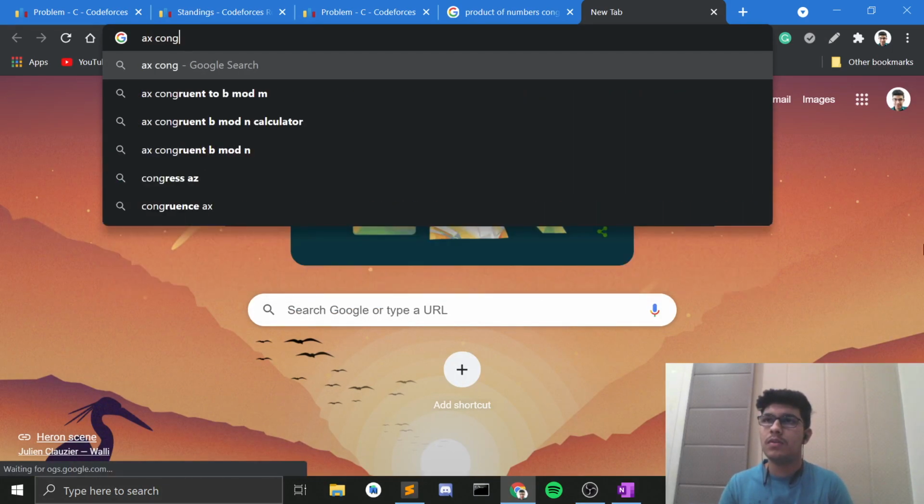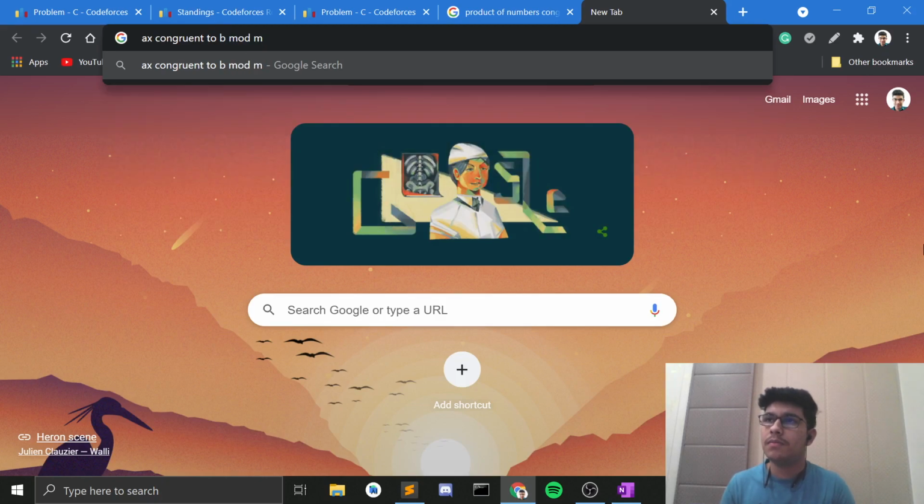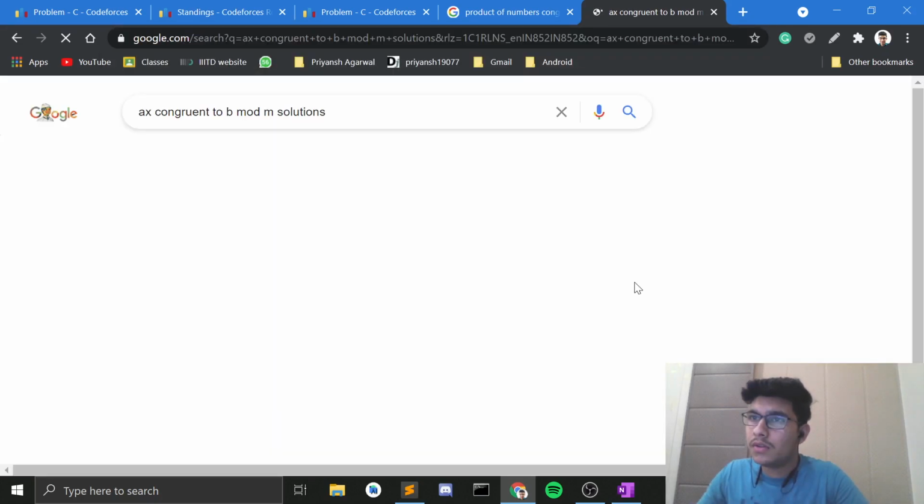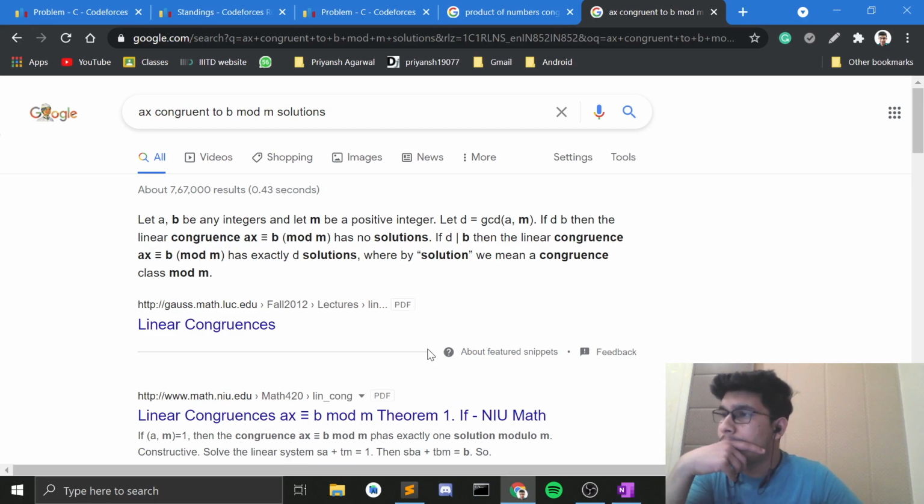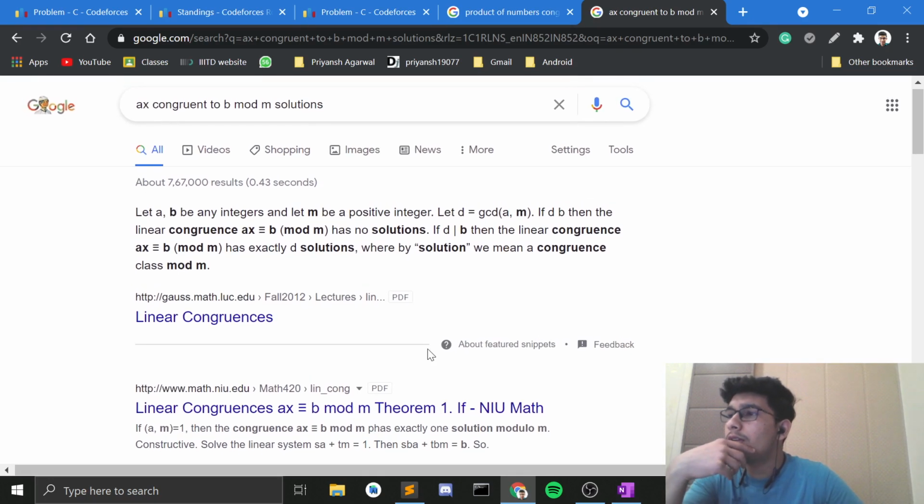AX congruent to B mod M has solutions if the GCD of A and M, call it D, divides B. Then D should divide B, right? If I select a number that is fine, then I also need the numbers.